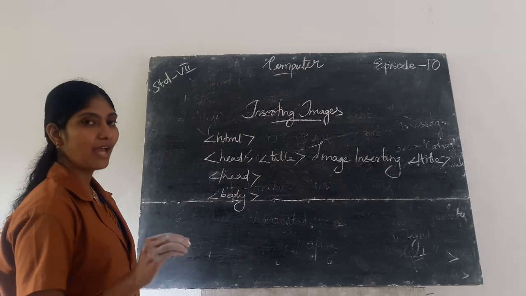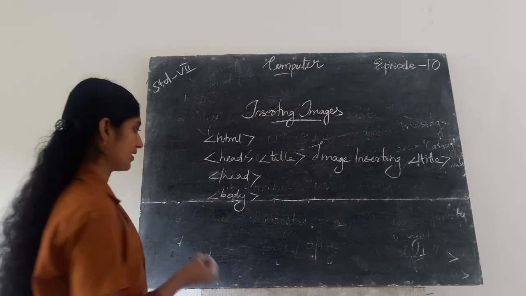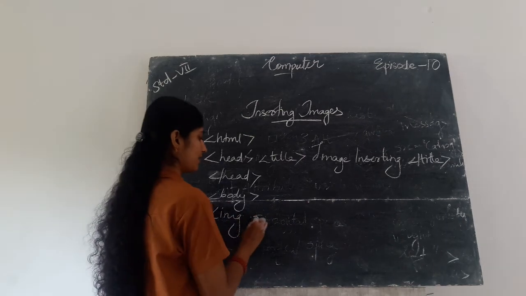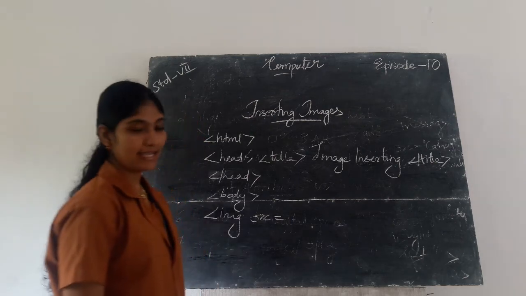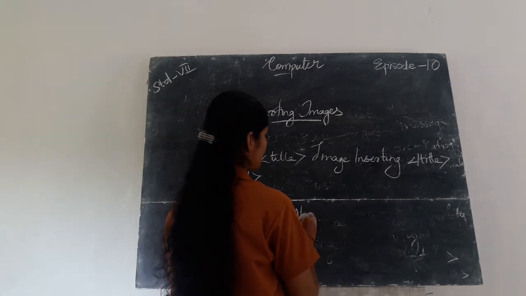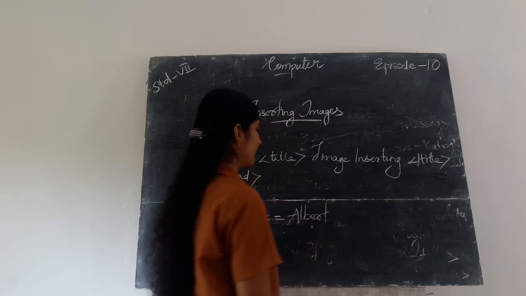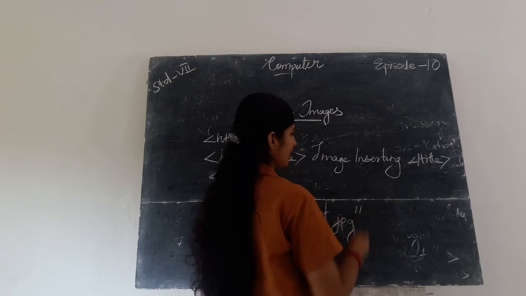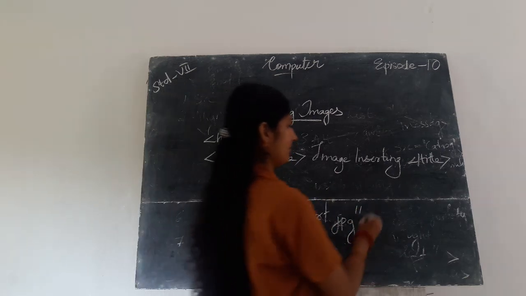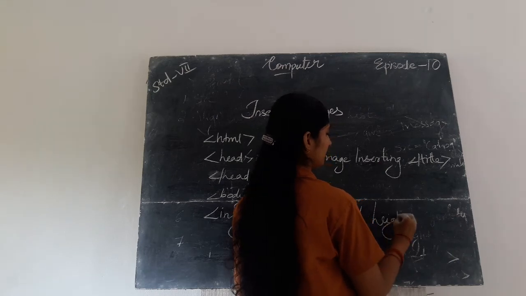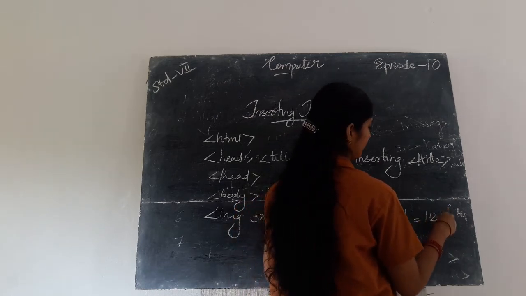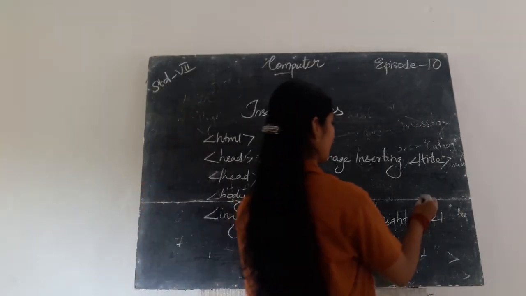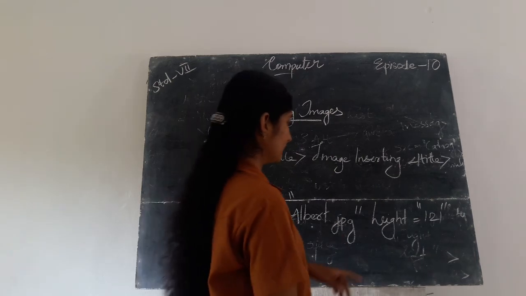Now we have to add the image. So img src, source means where the location is. So src is equal to albert.jpg, which is the file name. Then next add the height. Height is equal to 121, then next width.